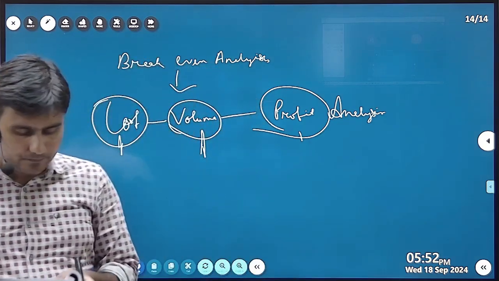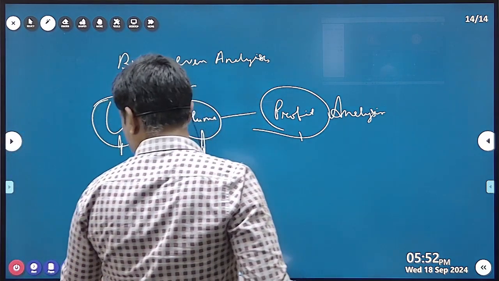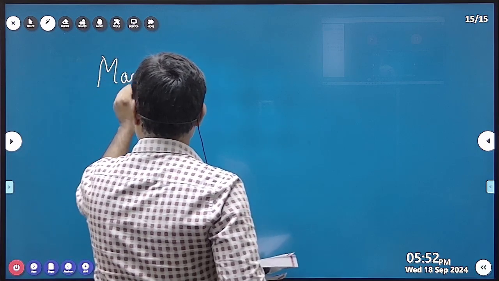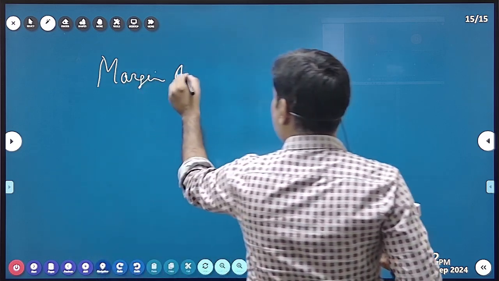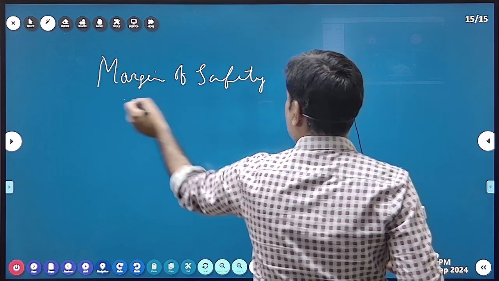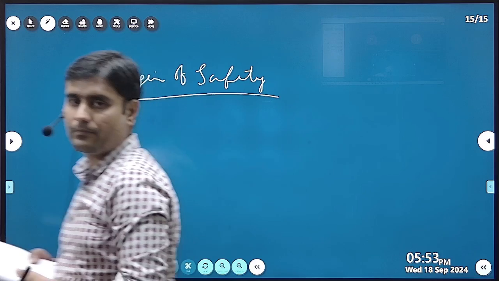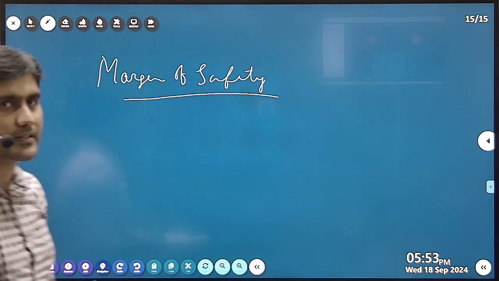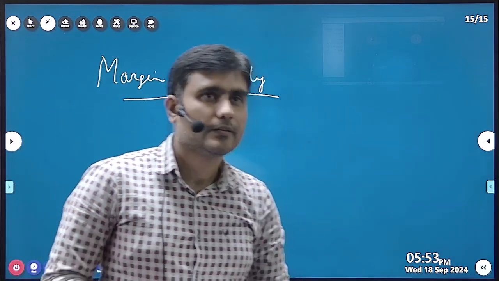Margin of safety. Our next topic is margin of safety. What do you mean by margin of safety? Margin of safety means the additional sales in excess of your break even sales.